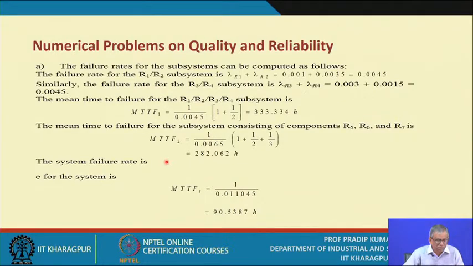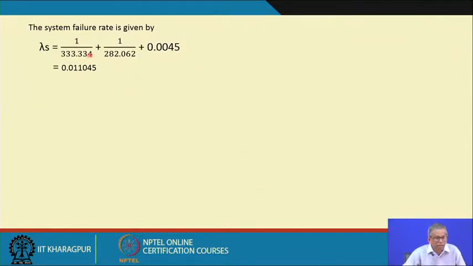Already you have drawn that structure, and I will compute the system failure rate, but prior to that, the system's mean time to failure, that is 1 upon this, is 90.5387 hours. The system's failure rate, lambda s, is 1 upon 333.334 plus 1 upon 282.062 plus 0.0045.